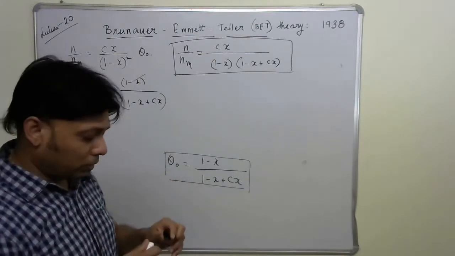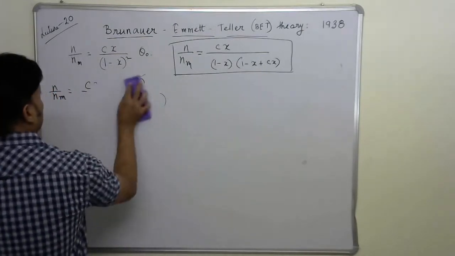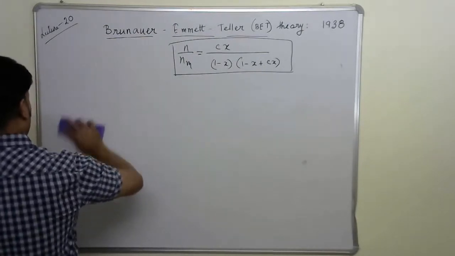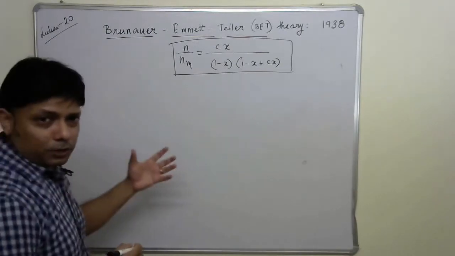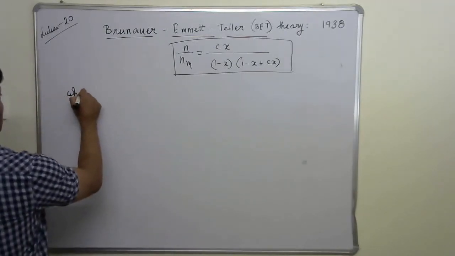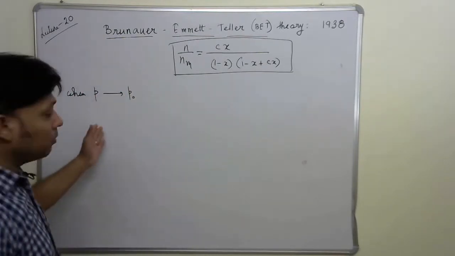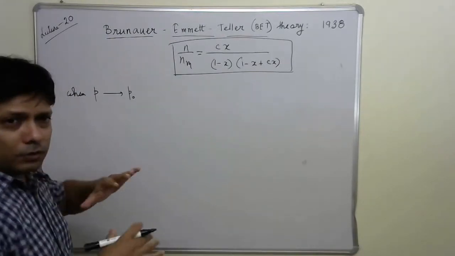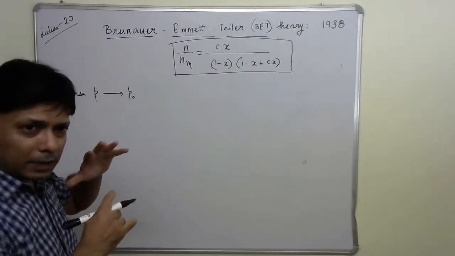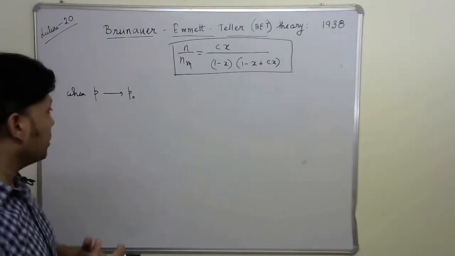How are we going to do that? For that we have to remember one thing. In terms of adsorption, when the partial pressure P tends to P naught, that means when the partial pressure reaches the saturation pressure, the entire surface is saturated with gas molecules and you cannot go beyond that, so we call it the saturation pressure.